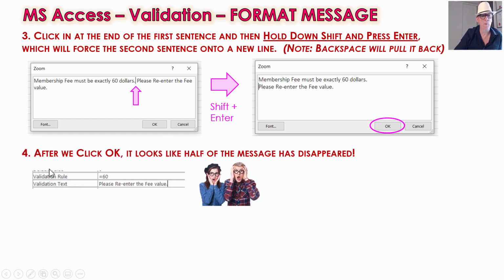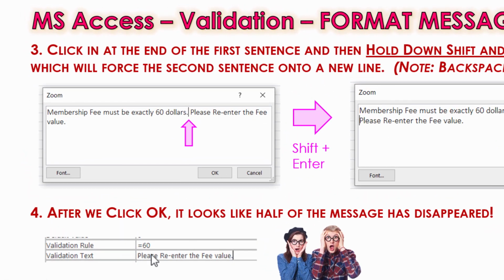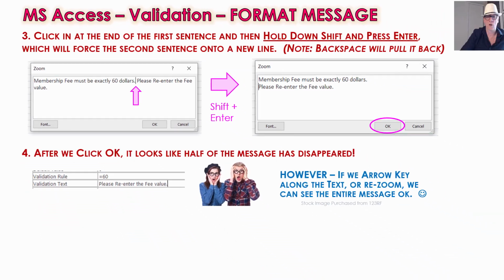Now when the Zoom box closes, it looks like you've lost half of your message. Oh no, where did the other half go? You'll only see the first line of the message. You have to zoom to see all of it. Or you can arrow key along, and if you push your right arrow, it'll start showing the rest of the message.